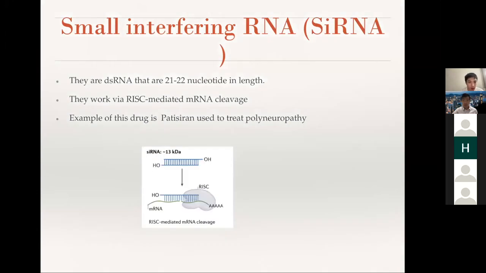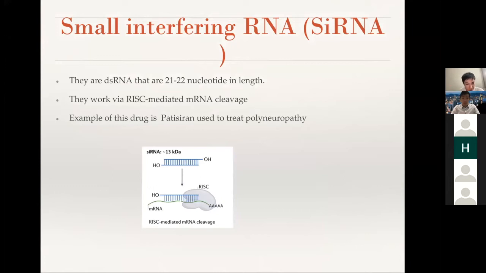Okay. And the next example we can talk about is siRNA. They are usually double-stranded RNA that are 21 to 22 nucleotides long, and they work to decrease protein products by a RISC-mediated mRNA cleavage mechanism. siRNA helps the Argonaute 2 protein to bind to the RNA-induced silencing complex once they enter the cell.